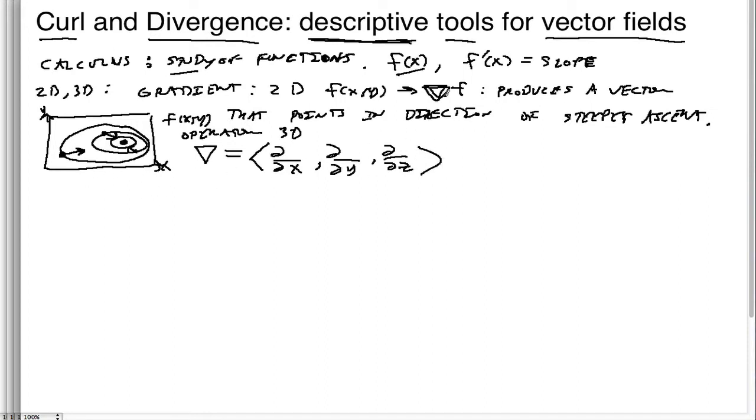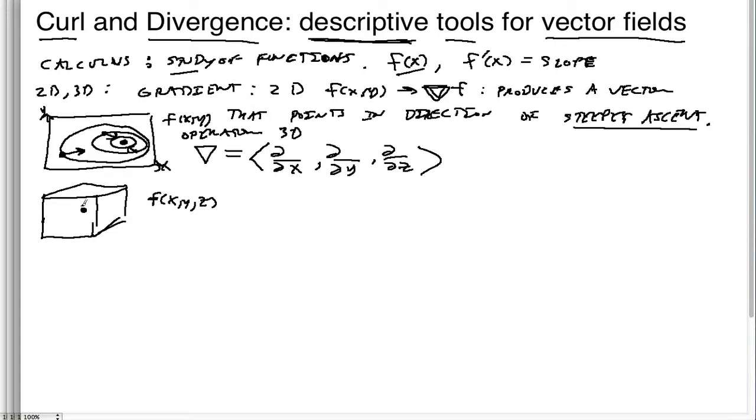Now, obviously, we can also define a gradient with a similar notion of steepest ascent if we're talking about a three-dimensional function, and here's our domain, let's say. We can think of f then as like a concentration of some, or a density of some particle in space.